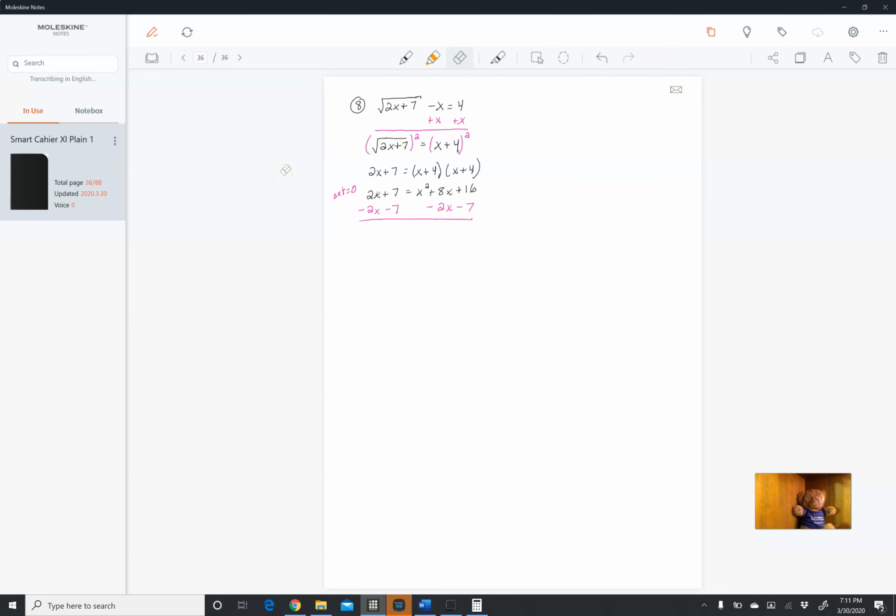So the 2x cancels, the 7 cancels, and what we have here is x squared plus 6x plus 9 is equal to 0.